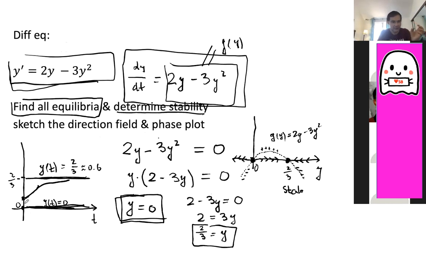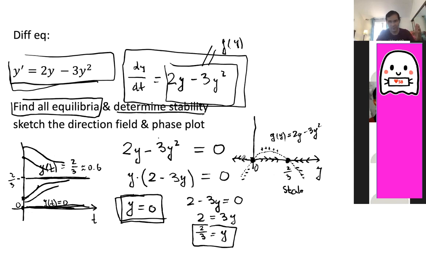If you take another solution, it'll have to look like this. And if you take another solution that starts at this point, because this solution is stable, the function has to look like this, and the other one has to look like that. And what's happening when your initial condition is -1, for example?